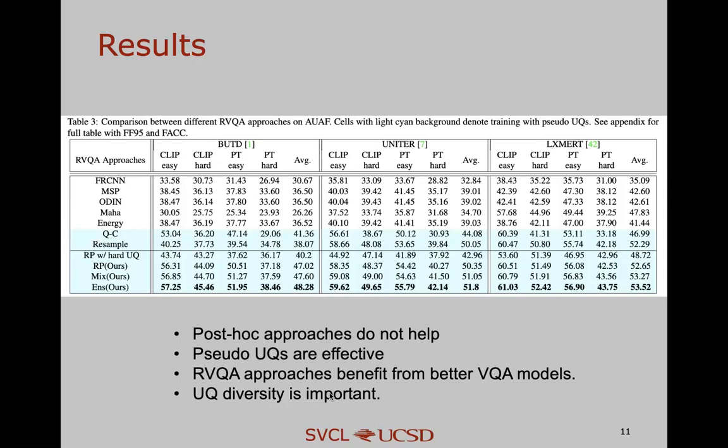Third, RVQA approaches benefit from better VQA methods. LXMERT consistently outperforms BUTD and UNITER. Finally, training with diverse UQs is important. If we only train on hard UQs, the performance on easy UQs will be degraded.